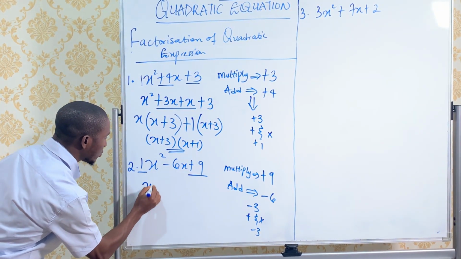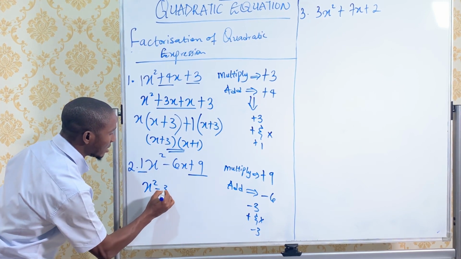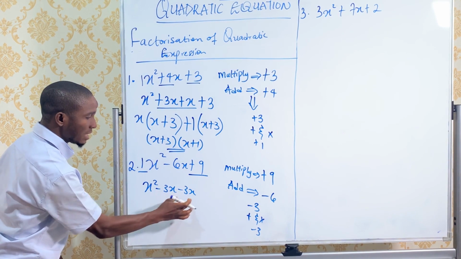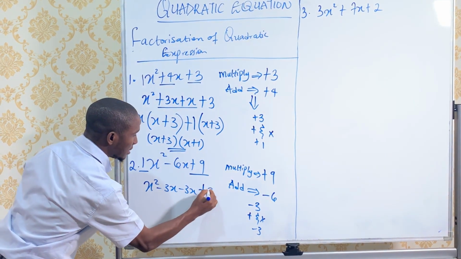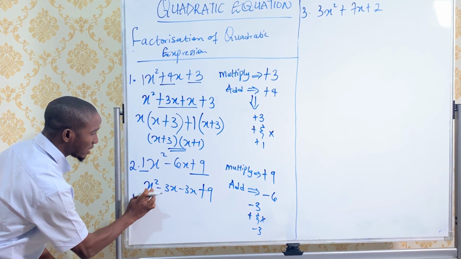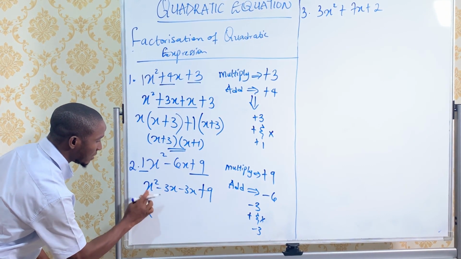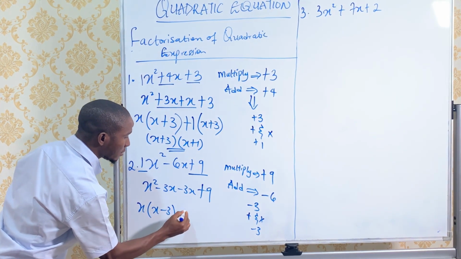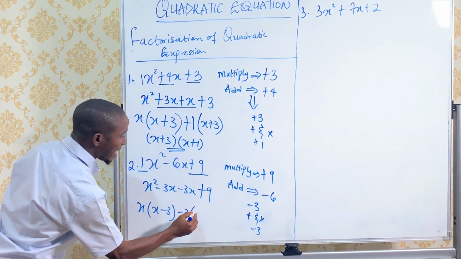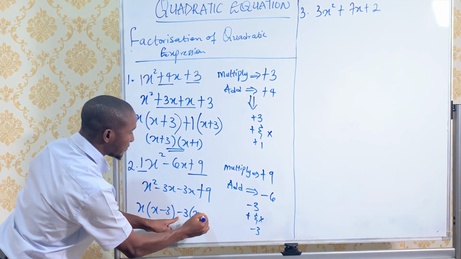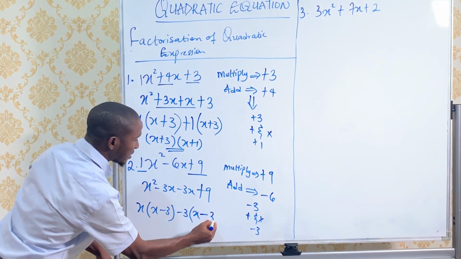So we now have x squared. The two numbers, minus 3 and minus 3, will replace minus 6x, then plus 9. Then we factorize fully. Between x squared and minus 3x, x is common. We are left with x minus 3. Between minus 3x and plus 9, minus 3 is common. We bring it out. Because this one is negative, we change the sign to negative, and in 9 we have 3.